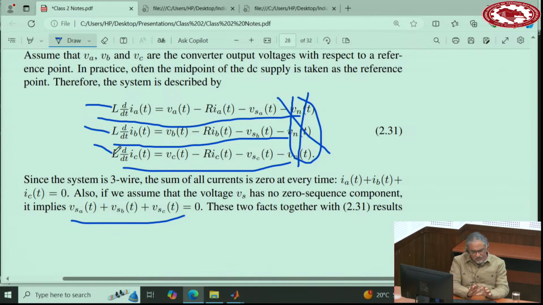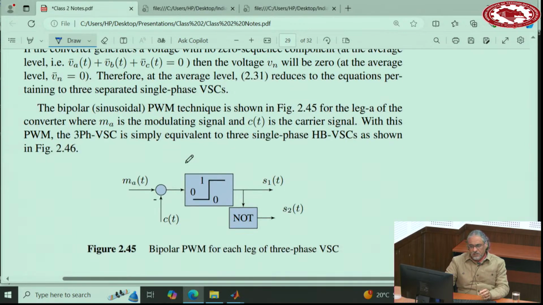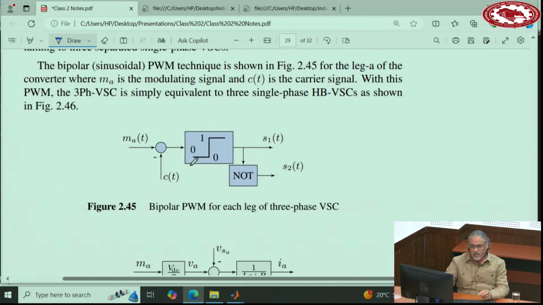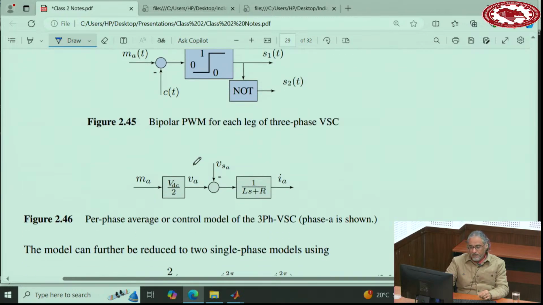So this three-phase system will be equivalent to three separate single-phase systems: one in phase A, one in phase B, one in phase C. And we already derived the equations for the single-phase VSC, half bridge, by the way. That will be this one. So you have three of these circuits, one for phase A, one for phase B, one for phase C.